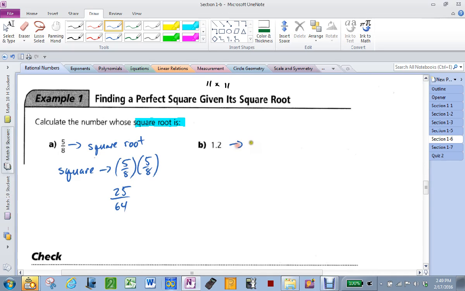This is the root, so the square is 1.2 times 1.2, which is the same as 12 times 12, 144, and 2 decimal places, 1.44. Everybody good?